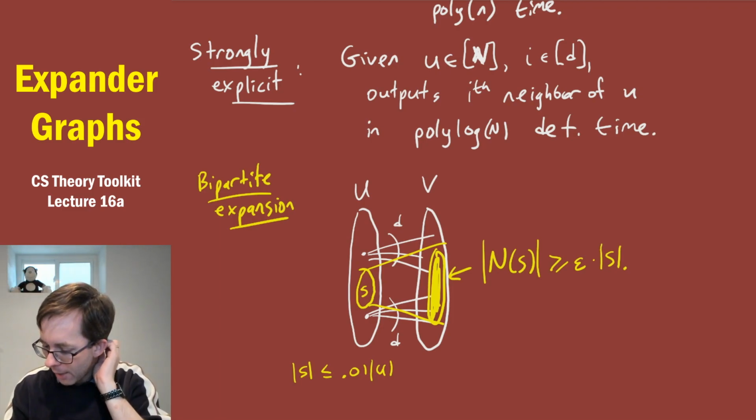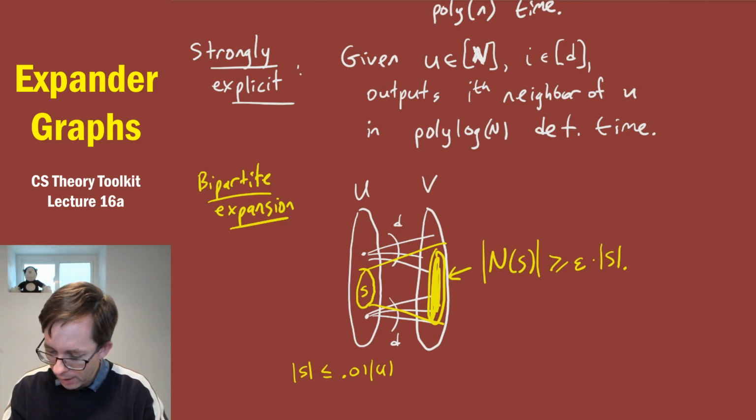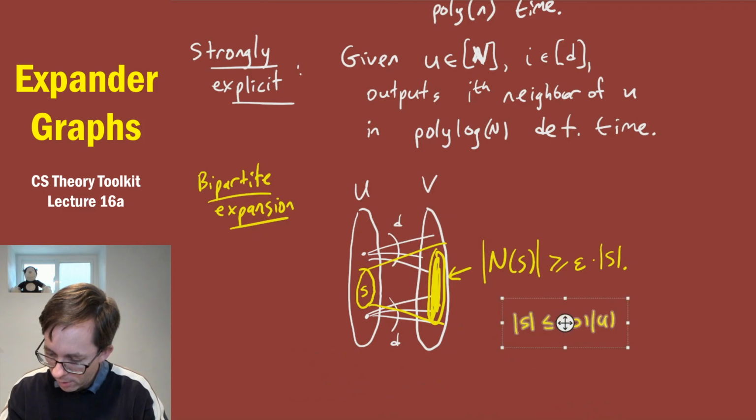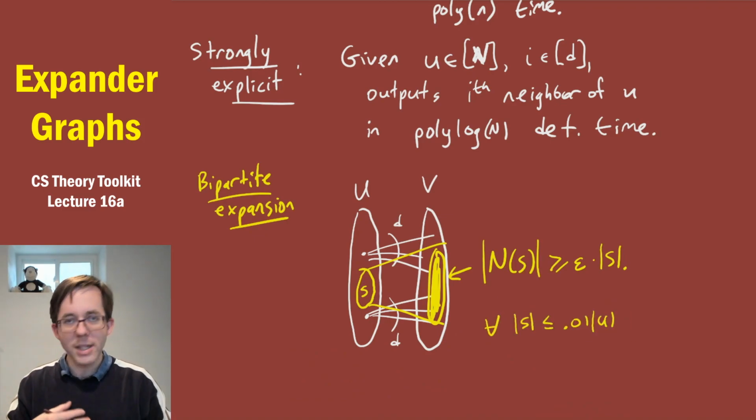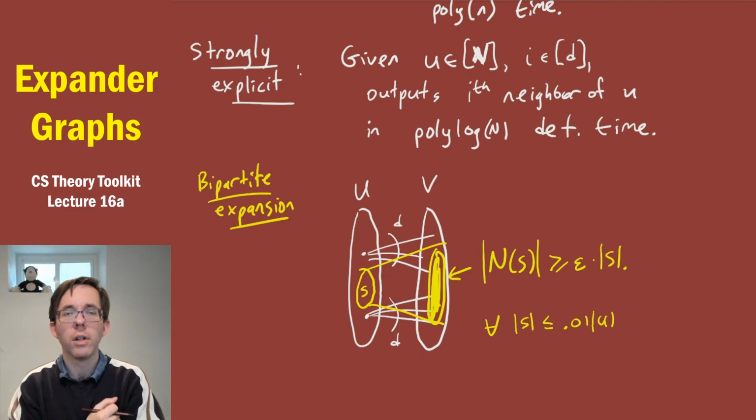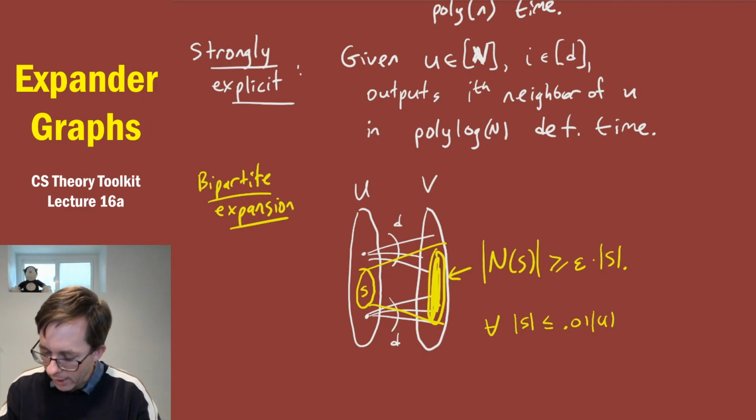We'll just hope that the neighborhood set of every set S is at least a constant fraction of the size of S, for all sets S of size up to a constant fraction of the size of U. Oh boy, actually I've said this wrong.